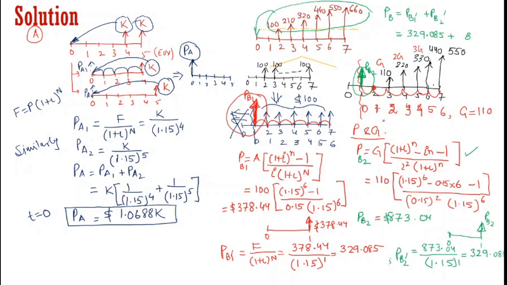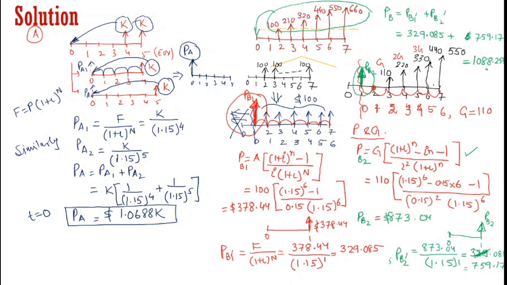So if I write it down, PB1 is 329.085 plus PB2 dash is 759.17. Please verify. So if I add the two, this comes out to be 1088.255.